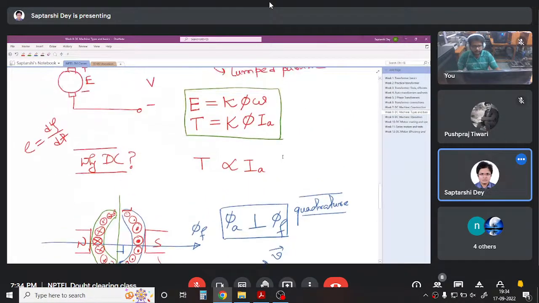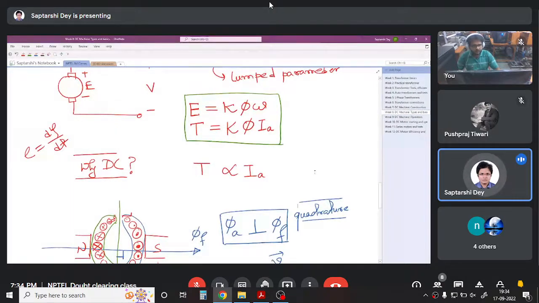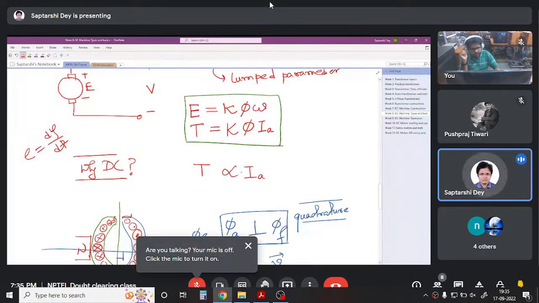So what is so great about it? Why are we so happy that they do not affect each other? See, if you want to control the torque from outside, say you have a DC motor and you want to control the torque, all you can do is control the current.